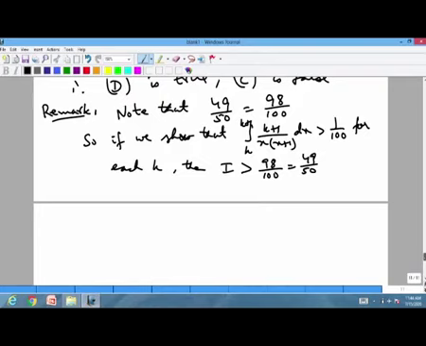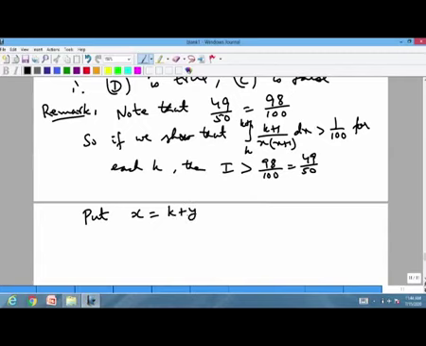So, showing that this integral is bigger than 1 by 100 is not difficult. So, what I will do is we put x is equal to k plus y.